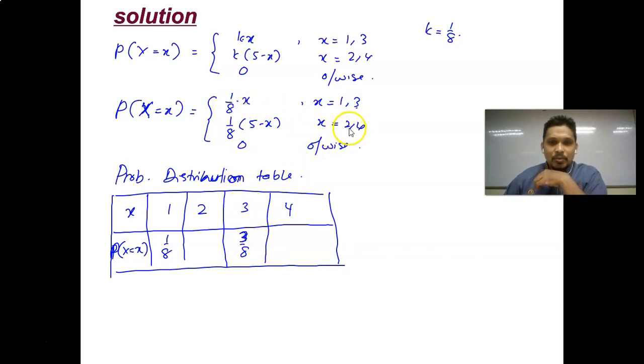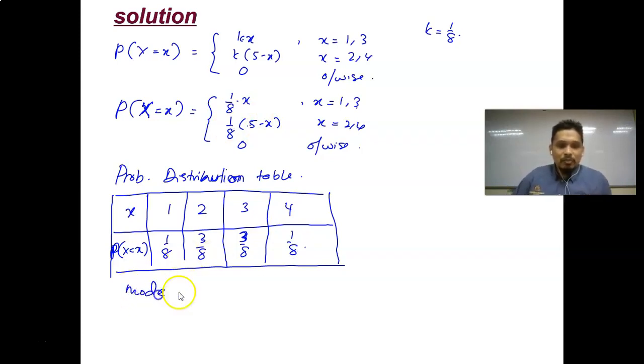And then when X equal to 2, 5 minus 2 equal to 3 times 1 over 8, 3 over 8. And for 4, 5 minus 4 equal to 1, 1 times 1 over 8 is 1 over 8. Okay, so then the mode is 2 and 3, with the highest probability, 3 over 8 here.